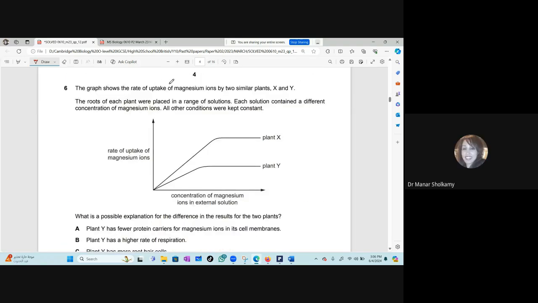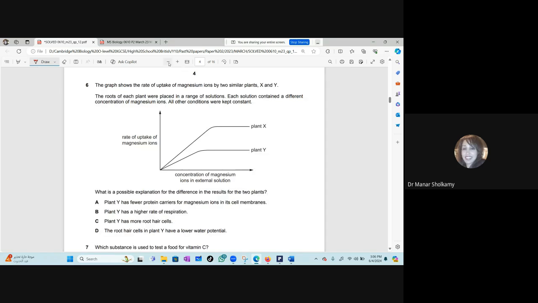The graph shows the rate of uptake of magnesium ions by 2 similar plants, X and Y. The roots of each plant were placed in a range of solutions. Each solution contained a different concentration of magnesium. All other conditions were kept constant. The moment you see a graph, you always relate the X and the Y axis. On the X axis you have the concentration of magnesium in the external solution, and on the Y axis, the rate of uptake.